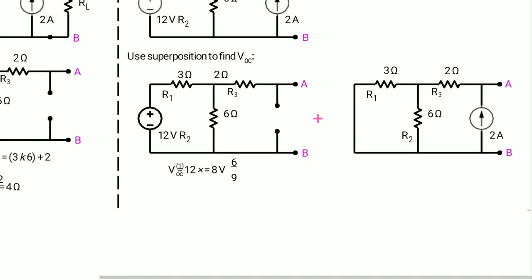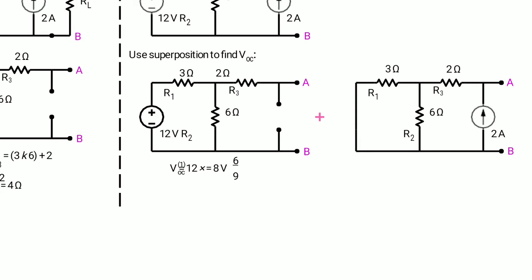Observe this: the voltage across the AB terminals is nothing but the voltage across the 6 ohms. So it is 12 volts divided by 9, into 6, which gives 8 volts. Here they wrote it wrong, so you have to check it.